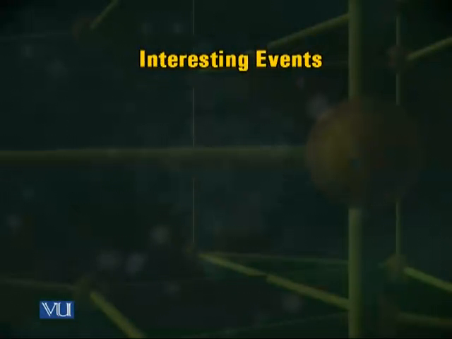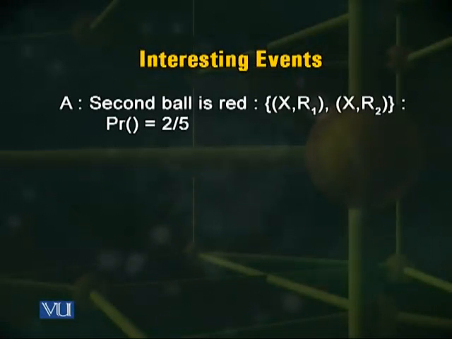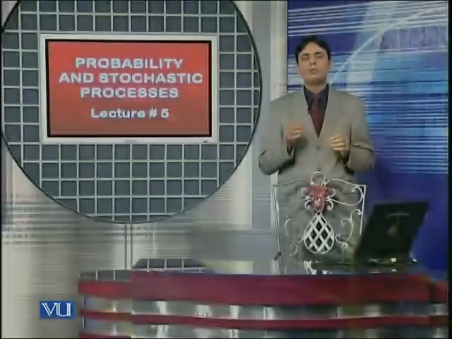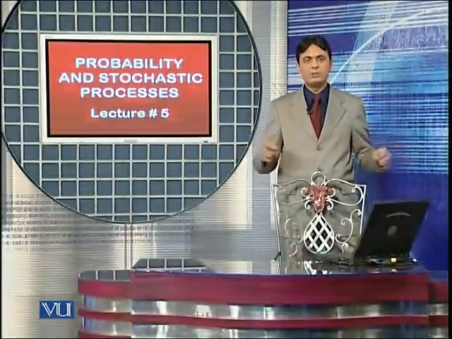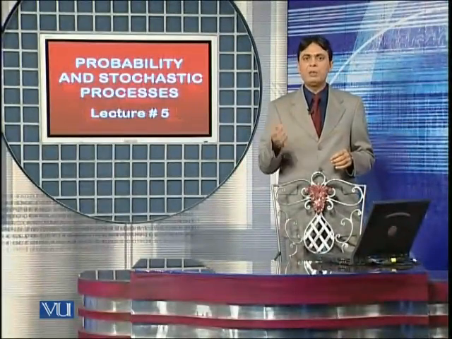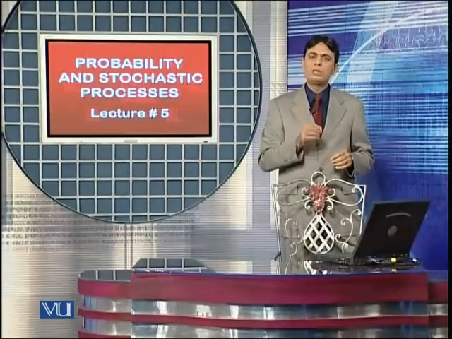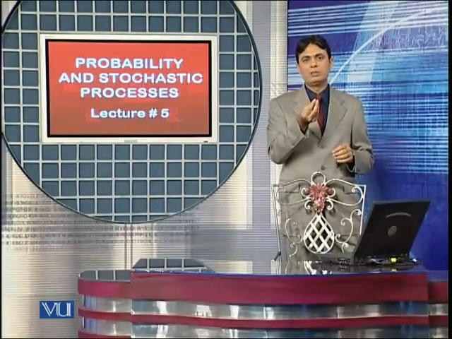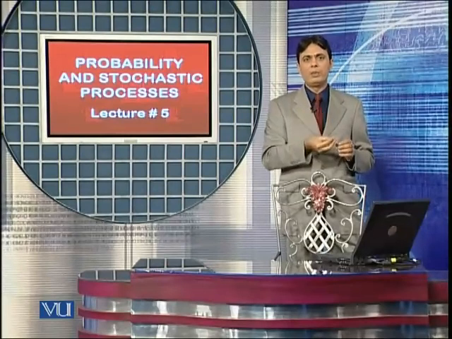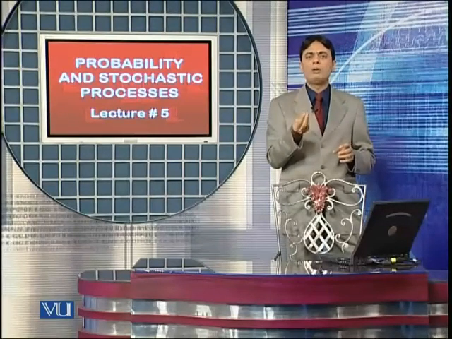Let's look at some other interesting events. If we define our next event to be that the second ball is red, and we also assume that all outcomes are equally likely, and that is only possible when you perform this experiment as a joint experiment with 2 sacks of balls or as a cascaded experiment with replacement, then all outcomes are possible. Particularly this type of outcome, where the first ball observed was G1, put back, and the second ball was also G1.